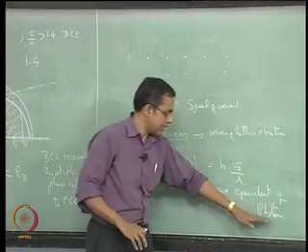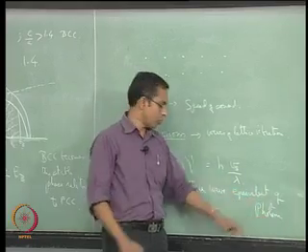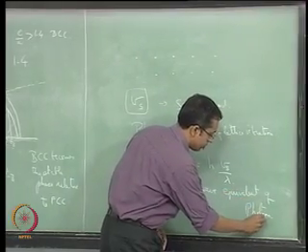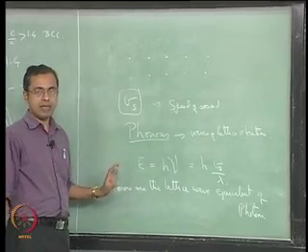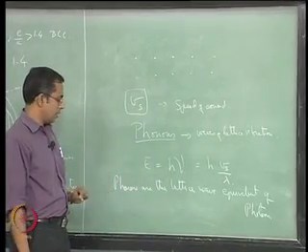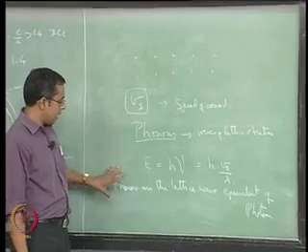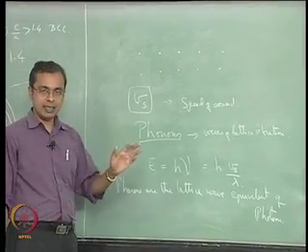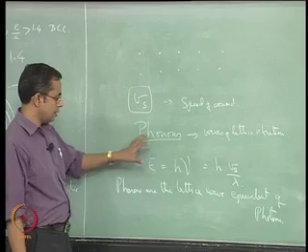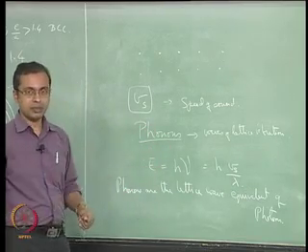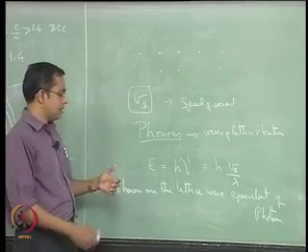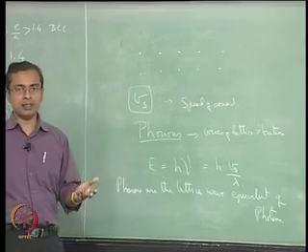When it is light and electromagnetic radiation, we talk of photons. That is what we have done for most of the course. We have spoken about photons, but in the lattice we have phonons. And they participate in things like the specific heat, for example, which is explained on the basis of phonons. The change in specific heat as a function of temperature.